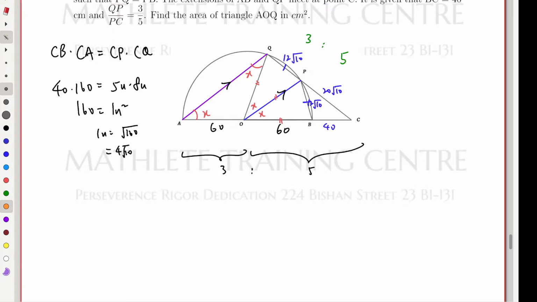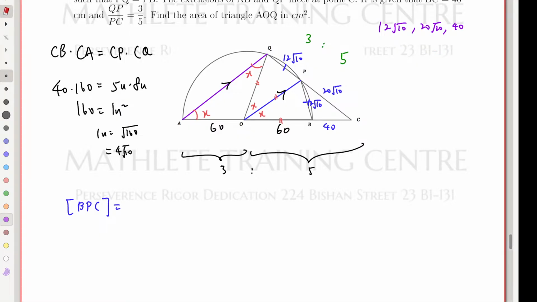Okay, so let's find the area of this BPC. Here we can use Heron's formula. So if the three sides are 12 square root 10, 20 square root 10, and 40, then the semi-perimeter is going to be their sum divided by 2. That's equal to 16 square root 10 plus 20. Okay, actually, before that, let me do something first.